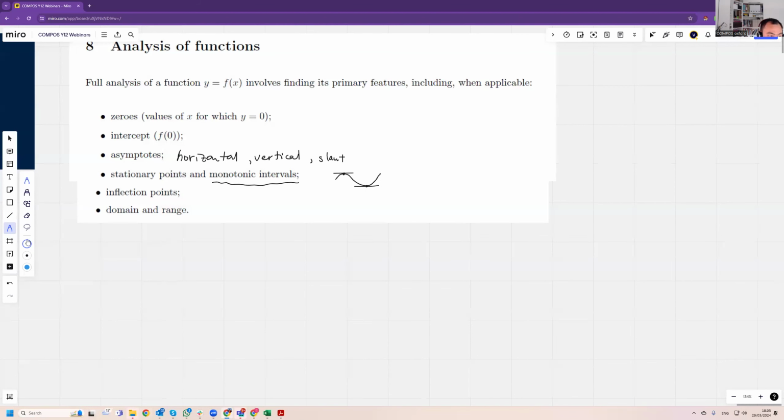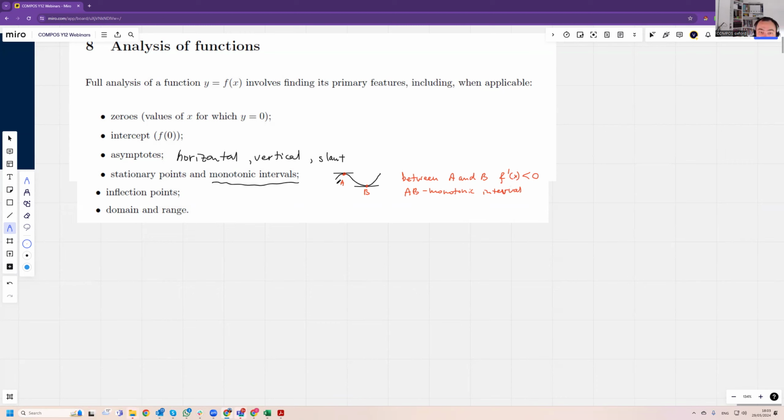For example, between these two stationary points, let's call them a and b, the derivative is negative because the graph is slanting downwards. The gradient is negative. So AB is a monotonic interval, which means the function is always going up or always going down.